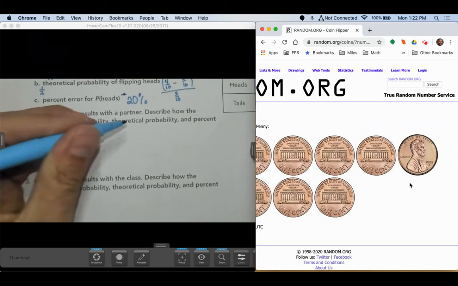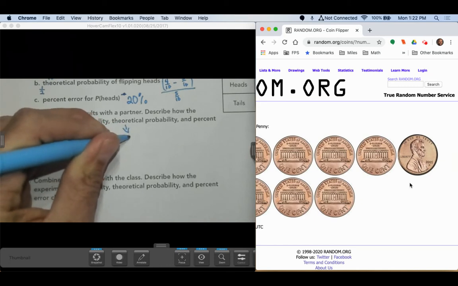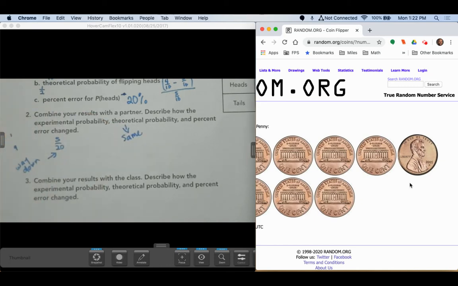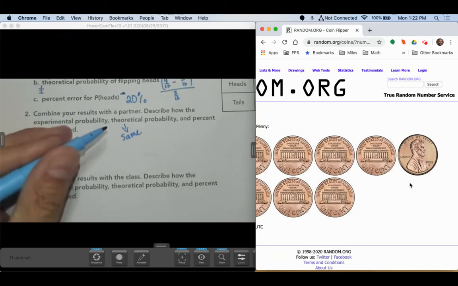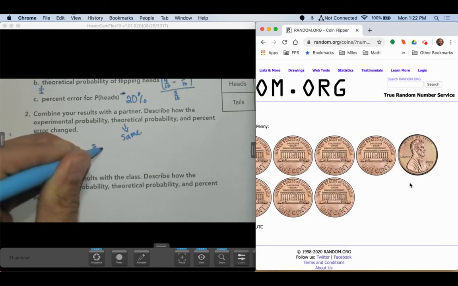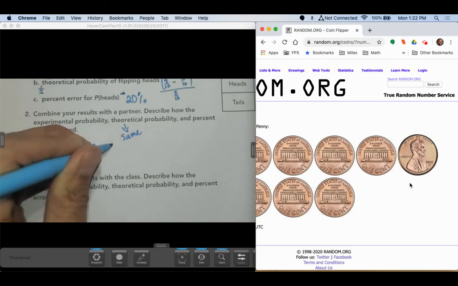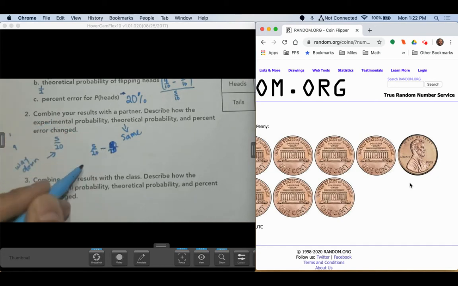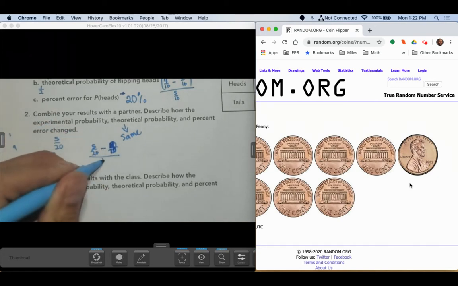All right. And then the theoretical probability is always going to stay the same. Then the percent error is going to get way worse. And so now we would have the experimental 5 over 20 minus the theoretical 5 over 10. Oh, sorry, 10 over 20. I'm trying to get a common denominator. Divide that by 10 over 20.